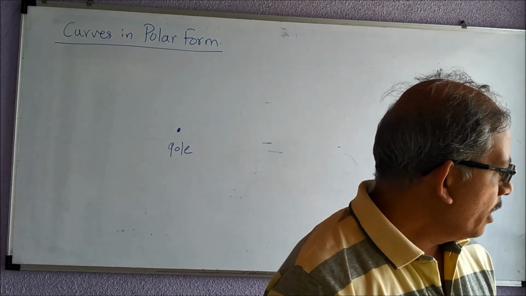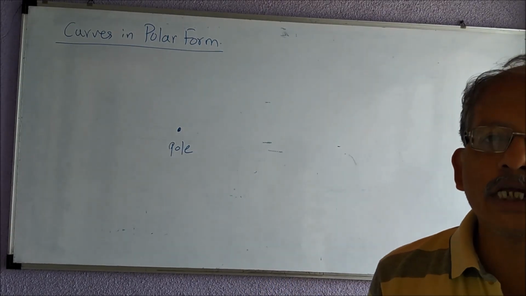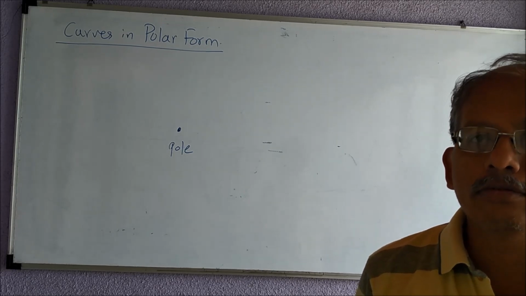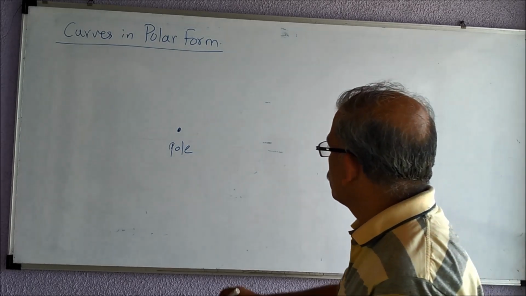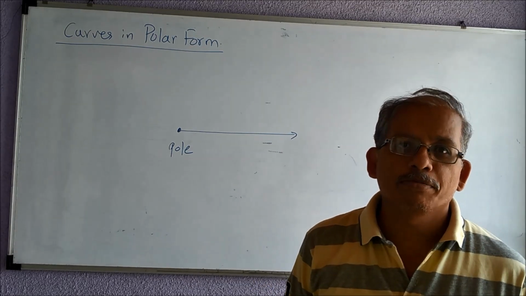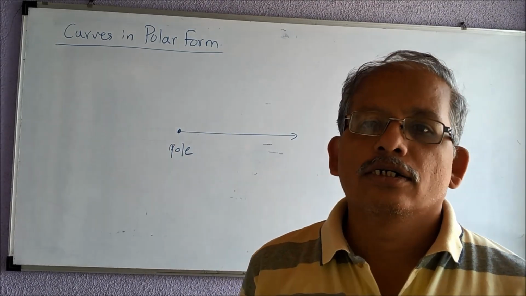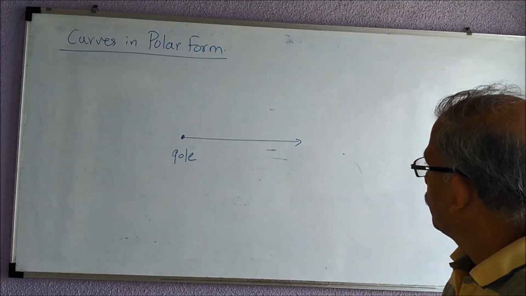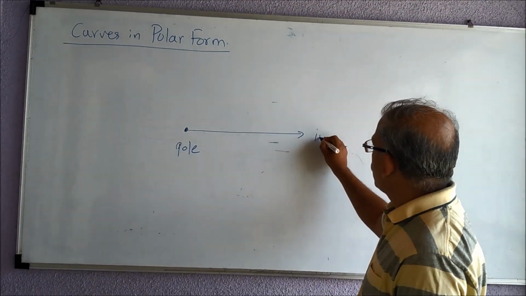Then we take a line that is passing through this pole. This line, which represents your x-axis in the Cartesian form, is called the initial line.